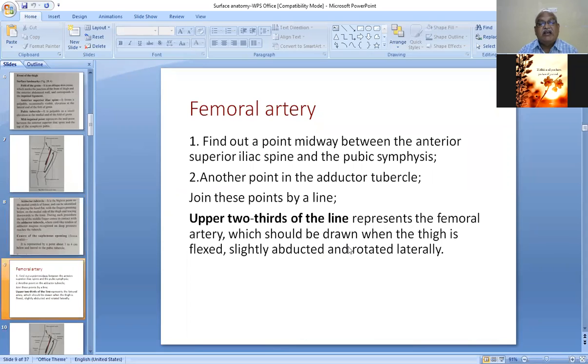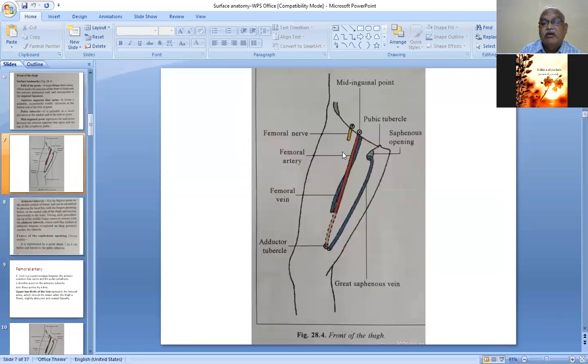Now the femoral artery. Find a point midway between the anterior superior iliac spine and the pubic symphysis. I will show you. This is the anterior superior iliac spine. This is the pubic symphysis. This is the pubic tubercle.